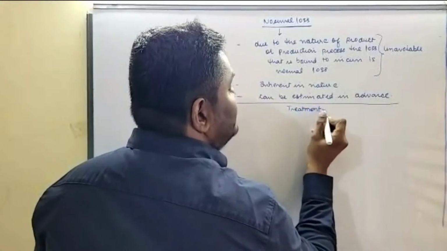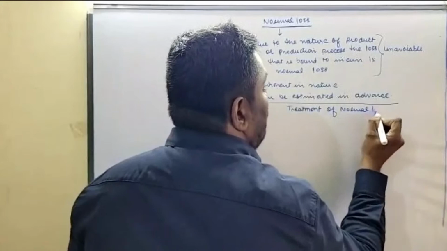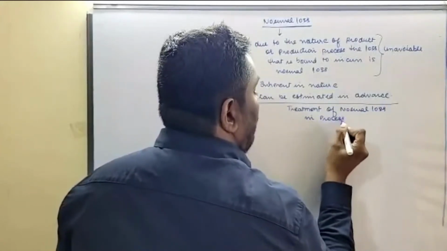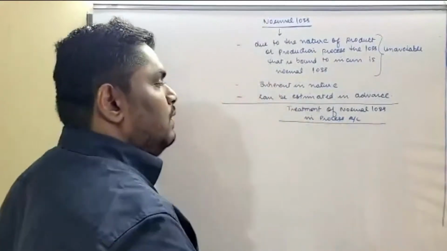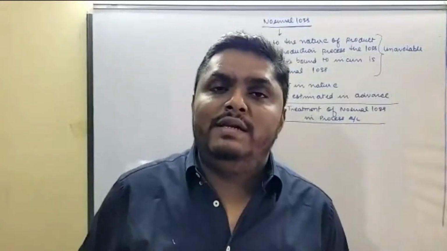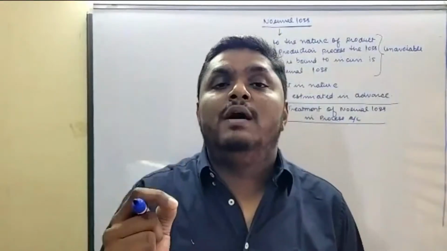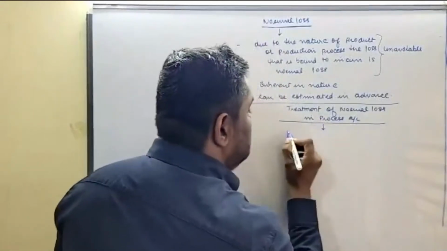Now the next is, what is the treatment of normal loss in process account? When talking about the treatment of normal loss, the value of normal loss will be absorbed by good units. I repeat again, what is the treatment of normal loss?